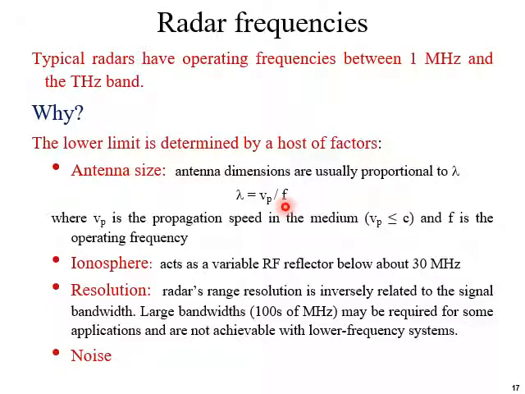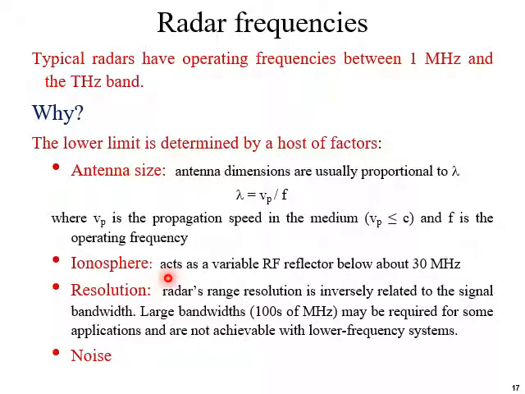Now if the frequency is very low, then the corresponding lambda, since it is in the denominator, will be very high. So obviously the antenna size is of the order of lambda. So if lambda becomes very large, the antenna size would be enormous. So ultimately this antenna size restricts the use of frequency.